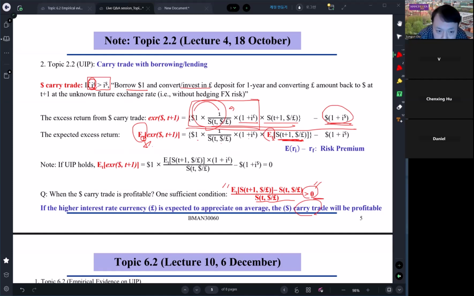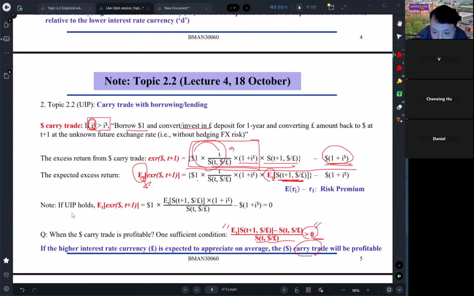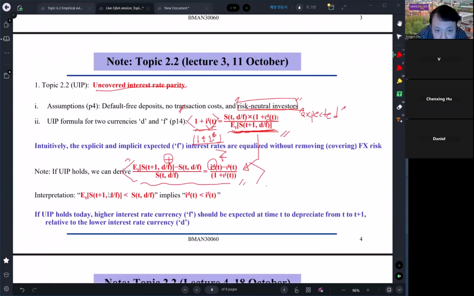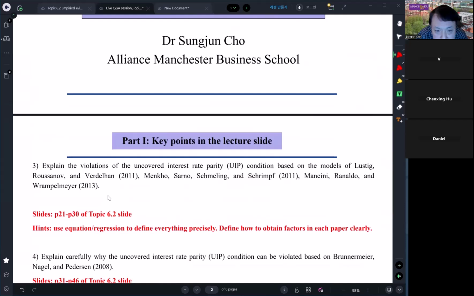This is the direct opposite of the forecast given by UIP. UIP says the high interest rate currency should depreciate. Carry trade says if the high interest rate currency appreciates, then you make money by implementing the dollar carry trade. So what is the meaning of UIP violations, and what is the relationship with the carry trade?